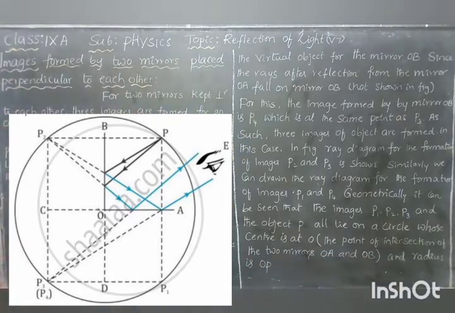Because the two mirrors are placed exactly perpendicular to each other, the three images as well as the object lie on the circle whose center is the point where both mirrors intersect.